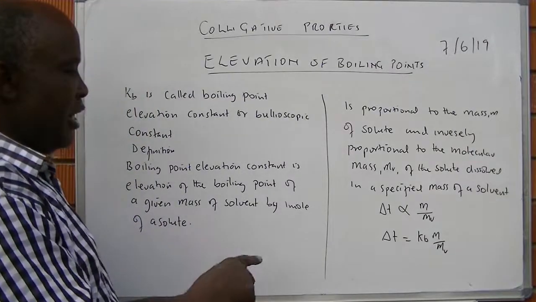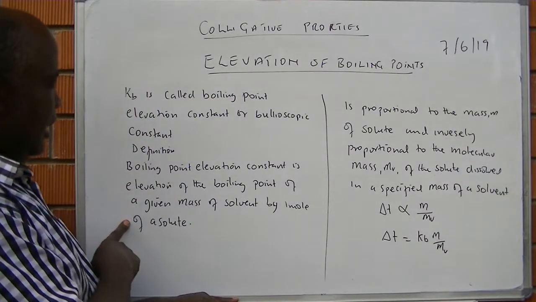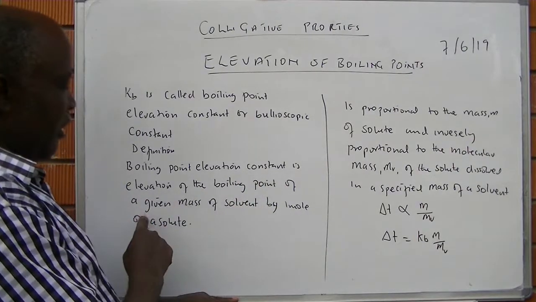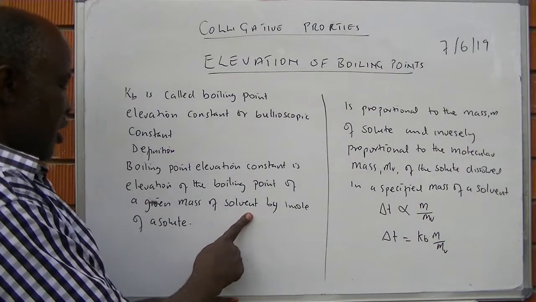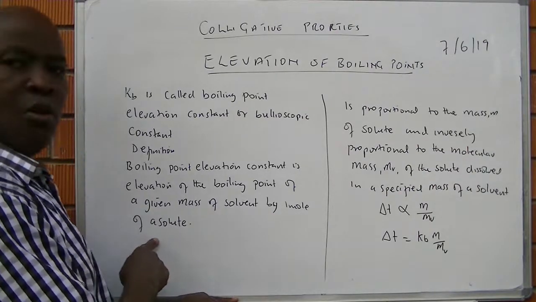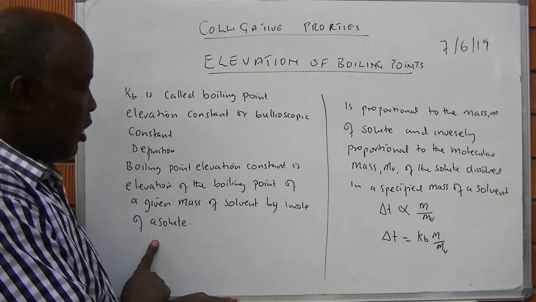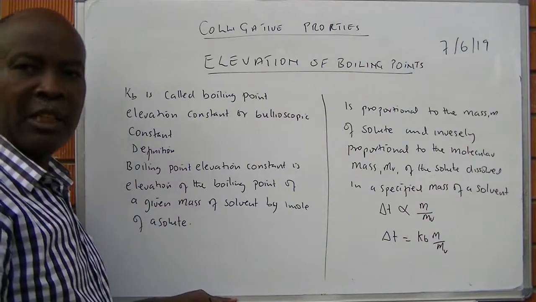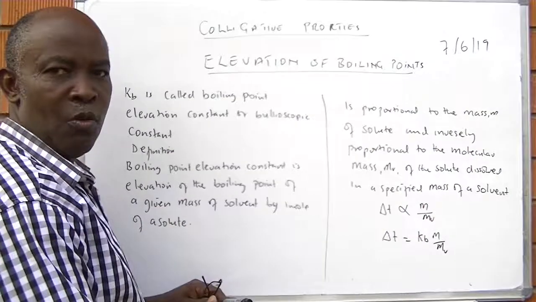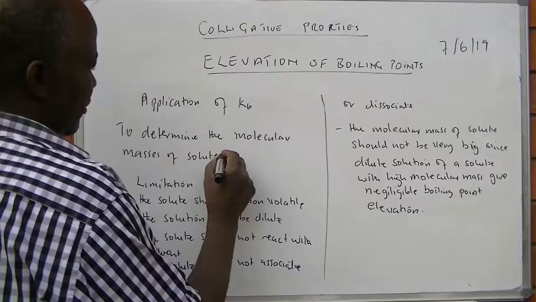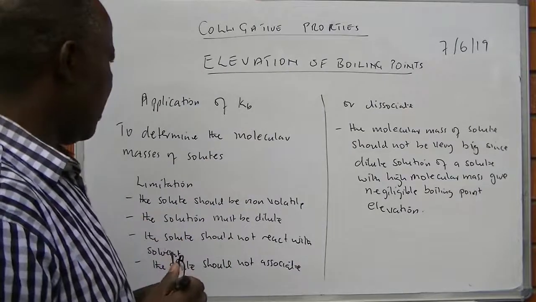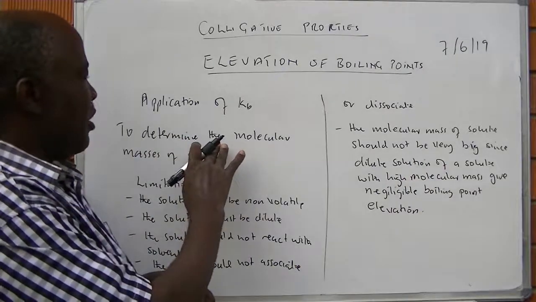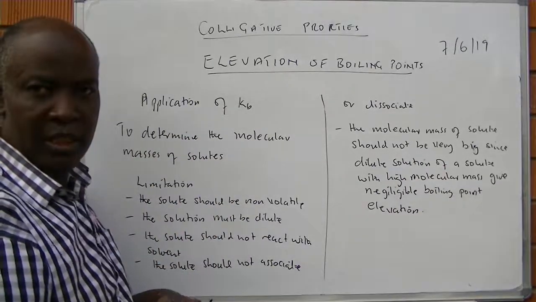So you can define Kb as the elevation of boiling point of a given mass of a solvent by 1 mole of a solute. Usually, the mass of a solvent is 1000 grams or 1 kilogram. Application: Kb is used to determine the molecular masses of solutes.